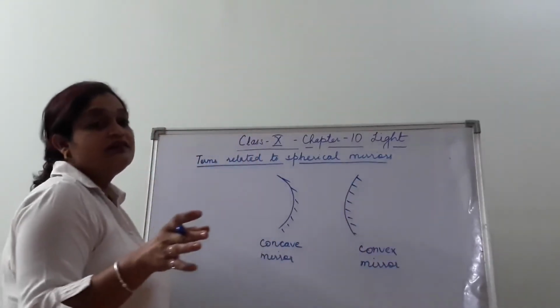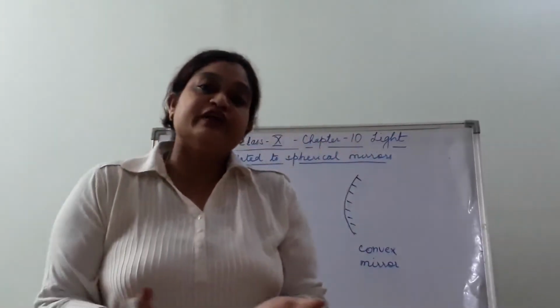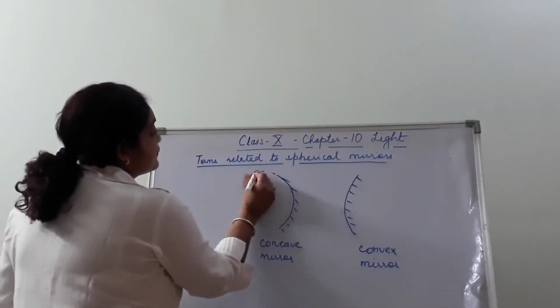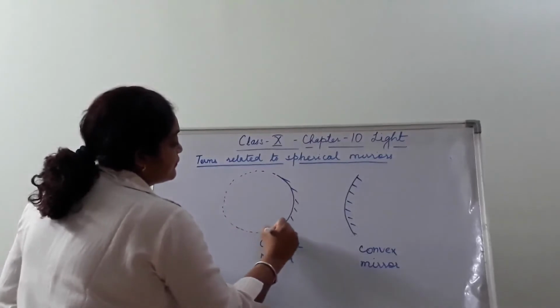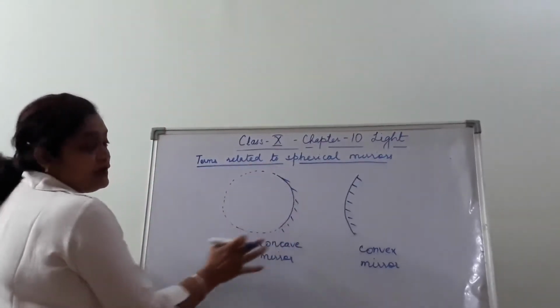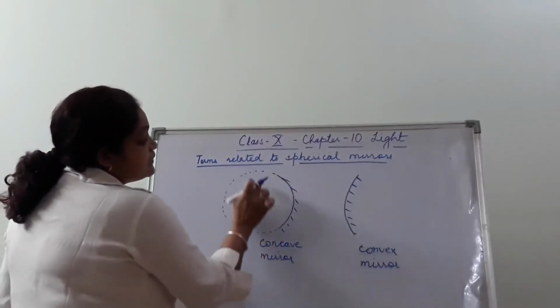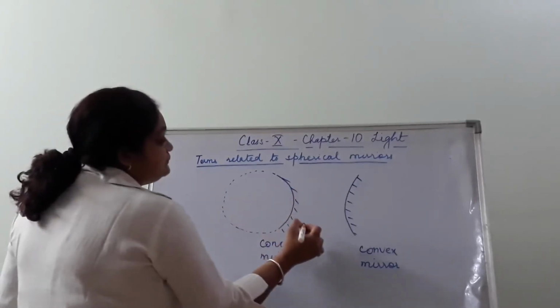So this can be assumed to be a part of a spherical ball. So this concave mirror can be assumed to be a part of a hollow spherical ball, in which this inward surface is the reflecting surface.